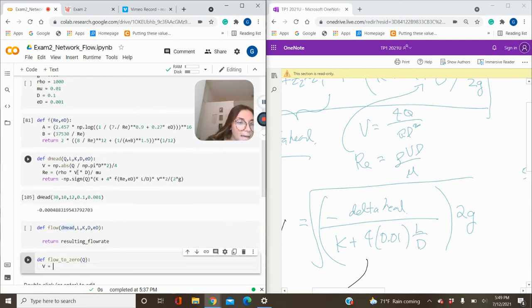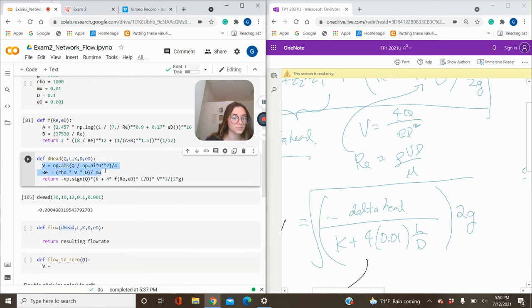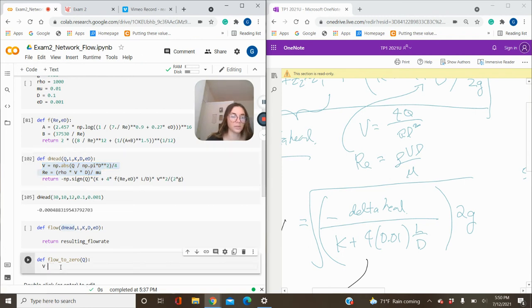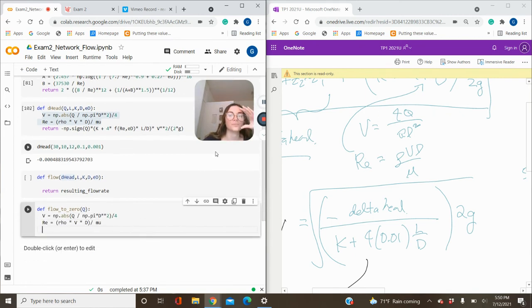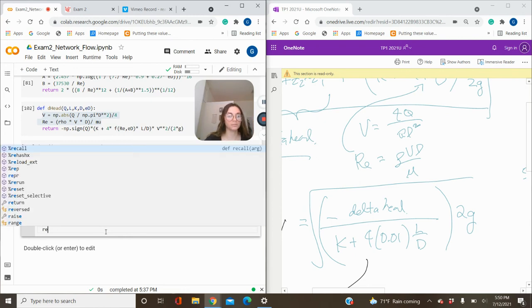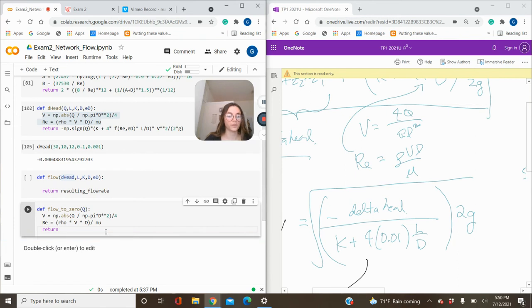We're gonna copy and paste. Yeah, sorry, I was forgetting my absolute value. Can't forget because our flow is negative. So we're just gonna copy these two. Excuse my mistakes, guys. Alrighty. And then we're gonna return our delta head. Wait. Where's our delta head? Oh.